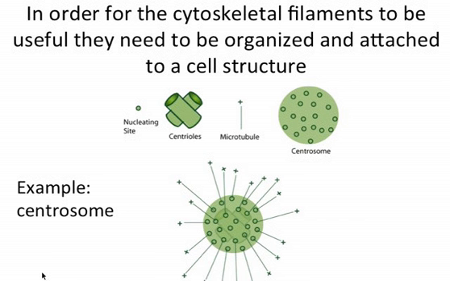Another example is microtubules, right? If they're not attached to the centrosome, then there's no anchoring point for anything. For example, if you don't have microtubules attached to your centrosome, when it duplicates to form the mitotic spindle, where will your chromosomes end up?